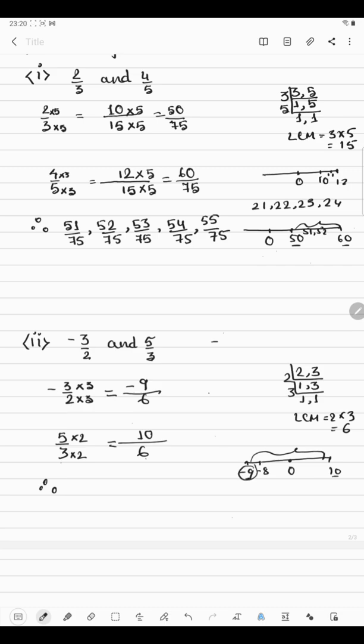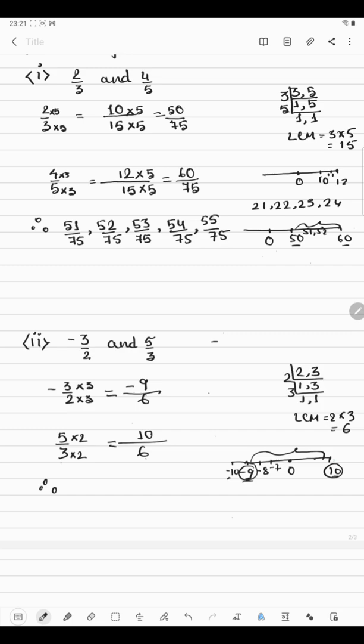We will not take these, remember, we'll take the numbers in between. And in case of negative rational numbers, if you go beyond this number, that number will be bigger than this, because that is negative. Minus 10 comes after minus 9, so we cannot take this one. So we will have to write the numbers which come before minus 9, meaning minus 8, minus 7, minus 6, if you want to take negative rational numbers.